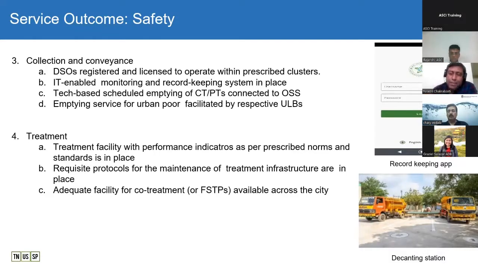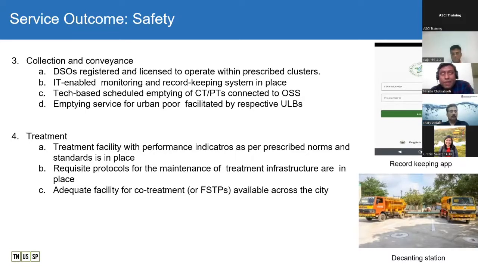The app's algorithm creates the schedule and it goes to the dislodging operator. So it's all embedded within the government system. And the app is also now in the process of handing over. Demonstration is done, and we are just handing over to TCC to run them.